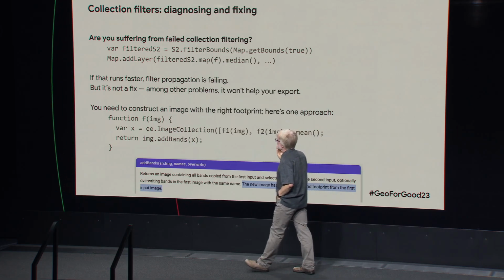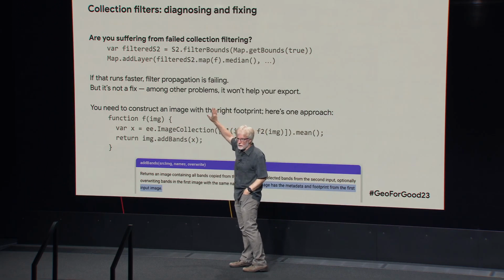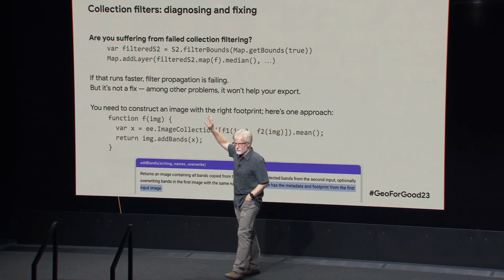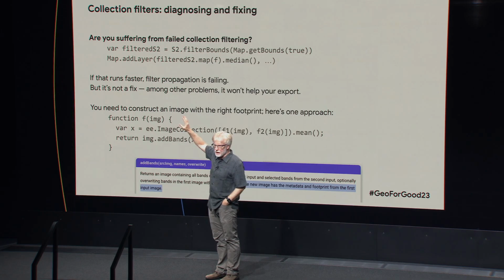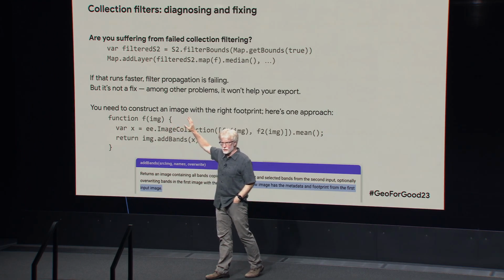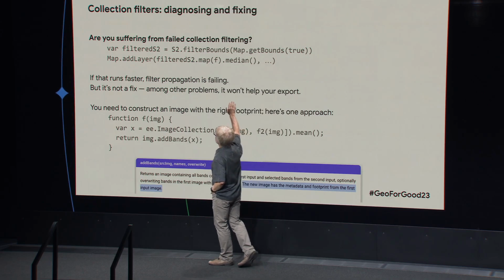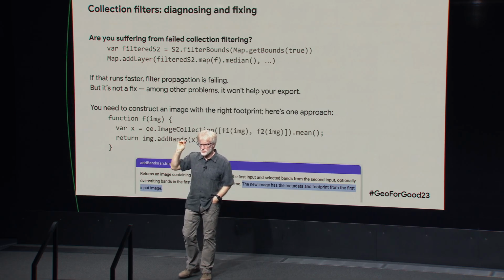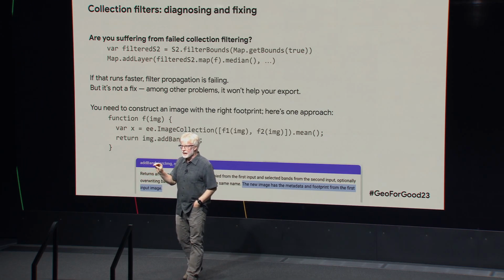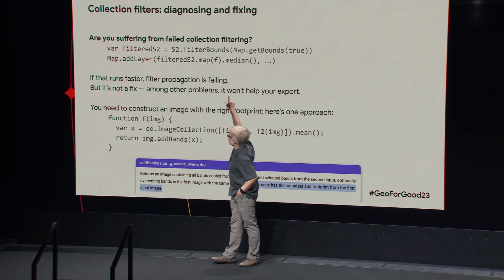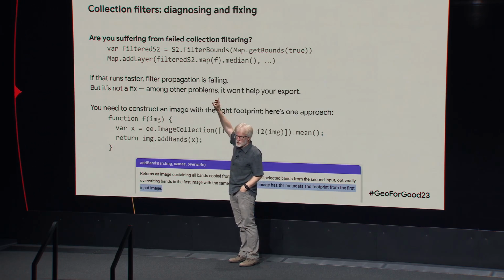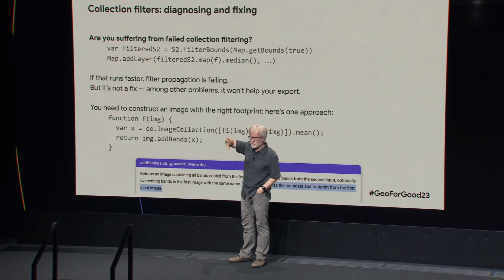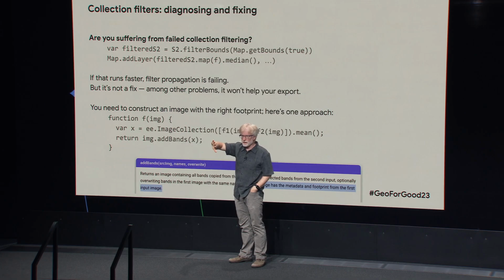So the idea here was I wanted to find out whether my script is running slowly, and I want to find out whether the inability to propagate the filter through my function is what's causing it to slow down. And the way I'm going to find out is essentially by pre-filtering my collection down to just a much smaller set of images. The first line up there is a convenient way to say, take that large collection and just reduce it down to the images that overlap the area I can currently see in the code editor.